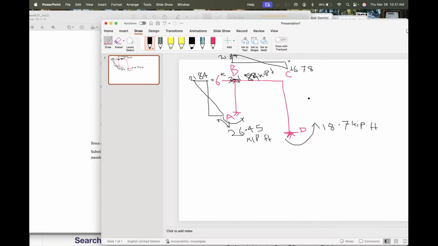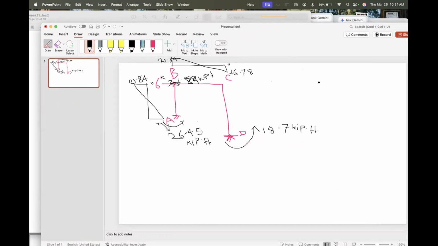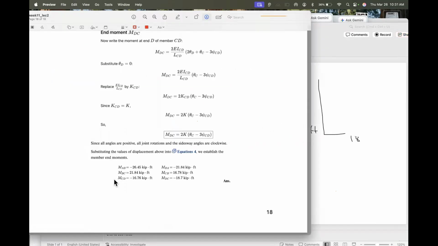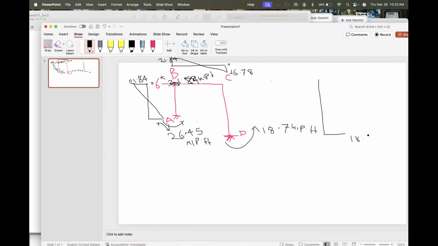Now moment diagram for this one. Yeah, this 18.7 kip-ft downward because it's negative, right? DC negative 18.7, 18.7 kip-ft downward.